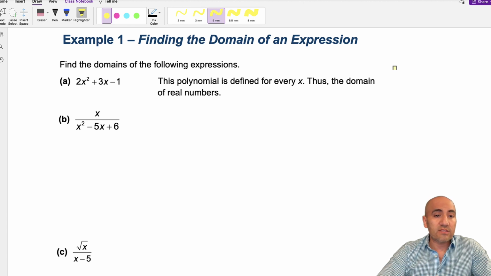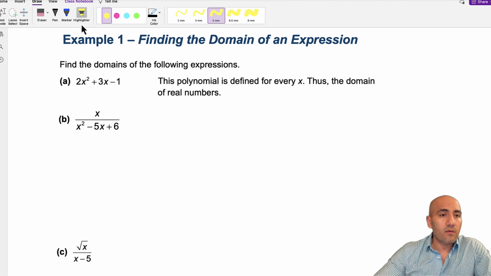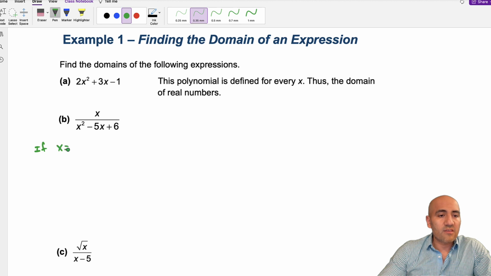If we let x equal 0, we simply get 0 divided by 0 squared minus 5 times 0 plus 6, which just gives us 0 divided by 6, which just equals 0.